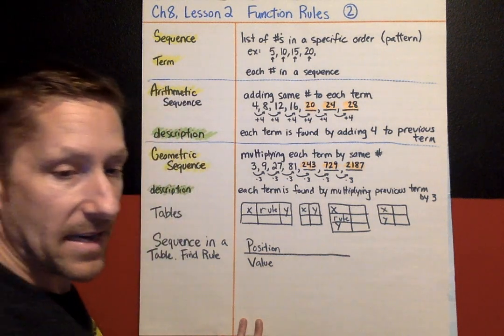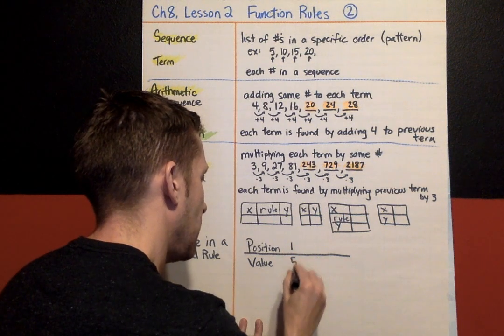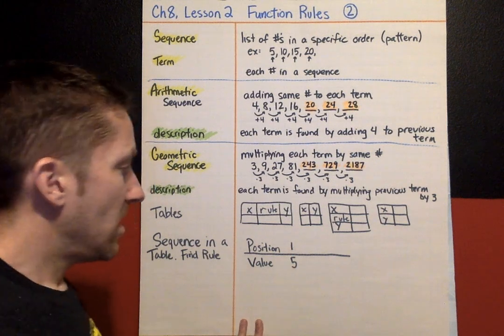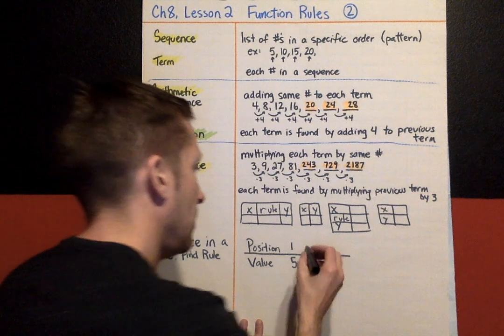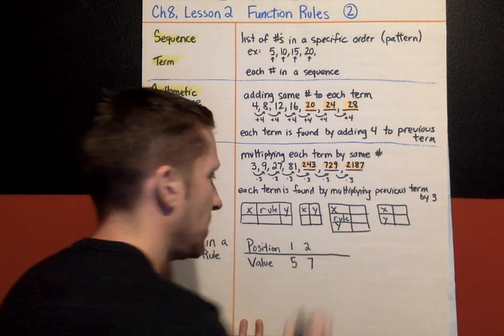So let's look at an example. Here's a table, sequence in a table. Position 1 gets you a value of 5. Position 2 gets you a value of 7.